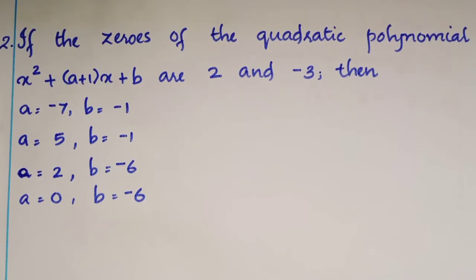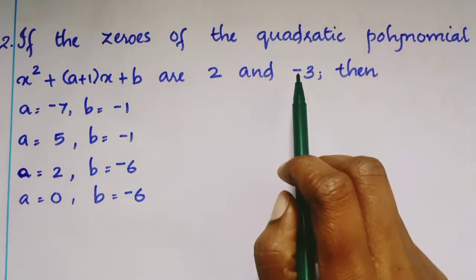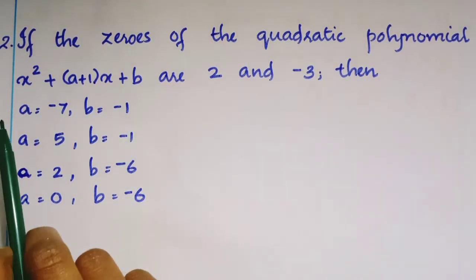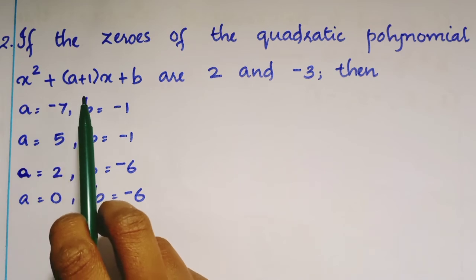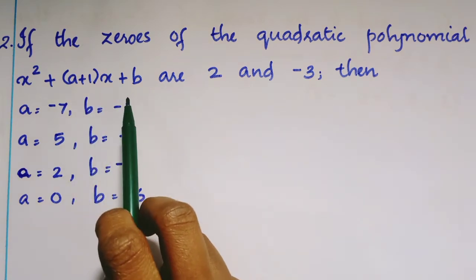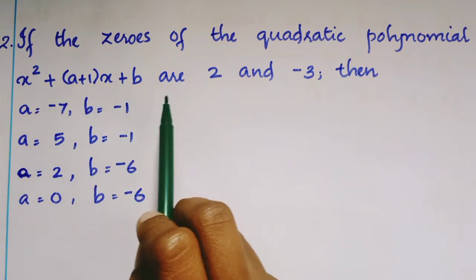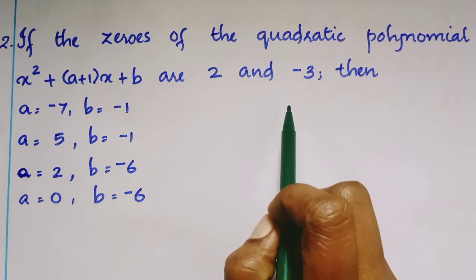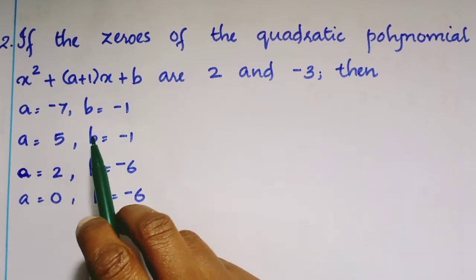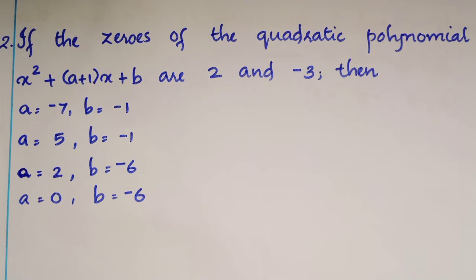Let us consider the second question. If the zeros of the quadratic polynomial x square plus (a plus 1) into x plus b are 2 and minus 3, then the values of a and b are given as options.